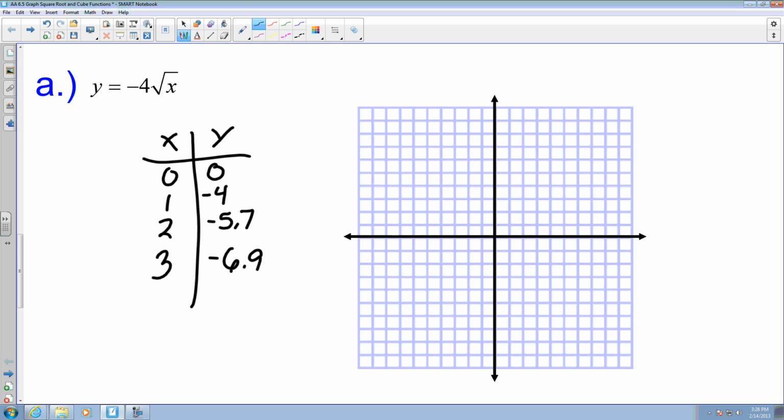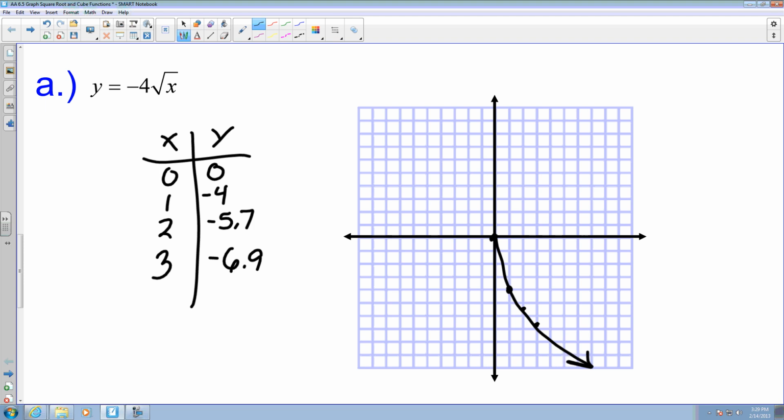So if I plot these points, I go to 0, 0, and then 1, negative 4, and then 2, negative 5.7, so something right about there, and then 3, negative 6.9. So something kind of like this. If I connect the dots, my graph looks something like this.